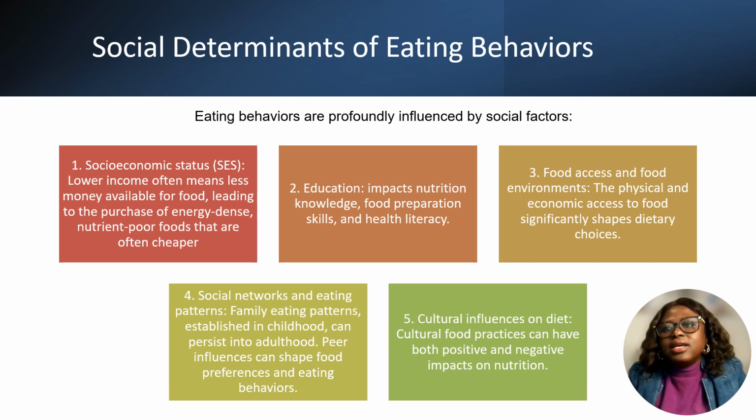Food access and food environments, again, whatever is available in the community is what people are going to be consuming. So the physical and economic access to food will significantly shape dietary choices. Social networks and eating patterns.